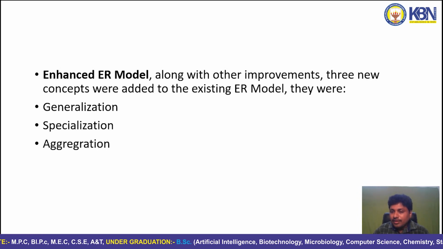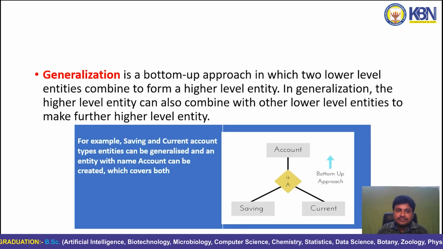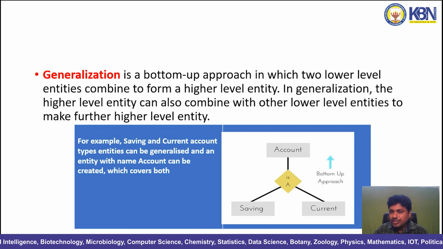There are three basic concepts: generalization, specialization and aggregation. Generalization is a bottom-up approach in which two lower level entities combine to form a higher level entity. Take the example of saving and current accounts.